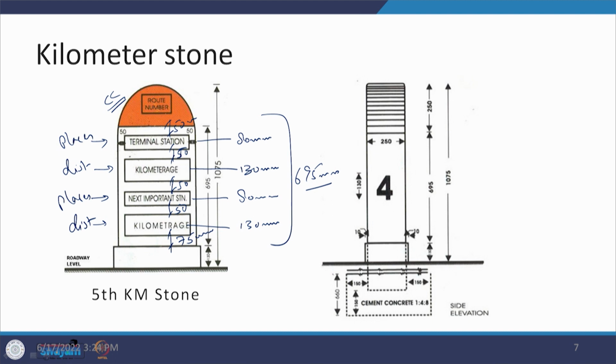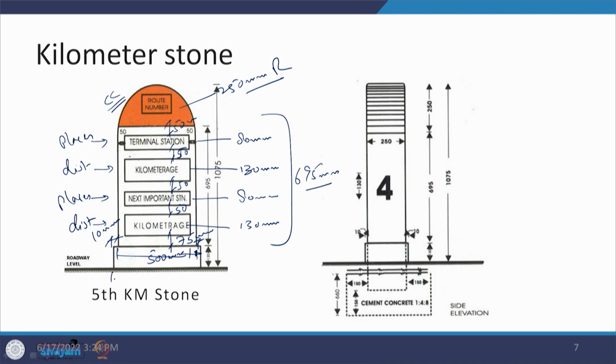Now, this semicircular section being provided at the top, which is colored. Now, the radius of this is 250 mm. So, that means if we are looking at this size, then this is 250 and 250, that means 500 mm is this one. And when we look at this projection here and this projection here, then this is 10 mm.